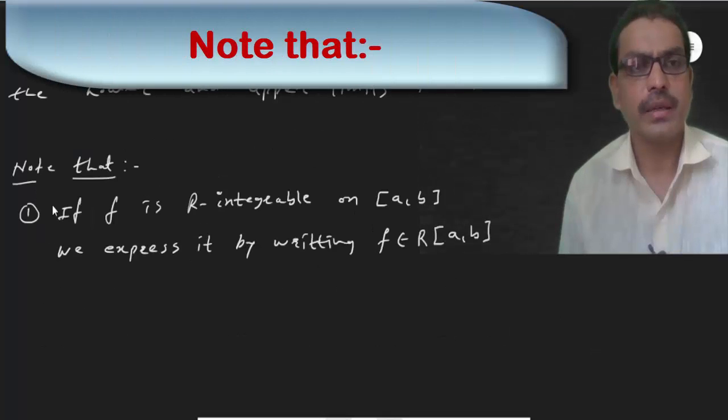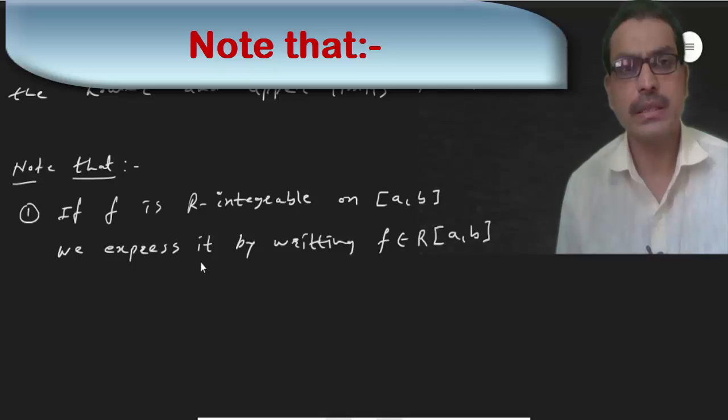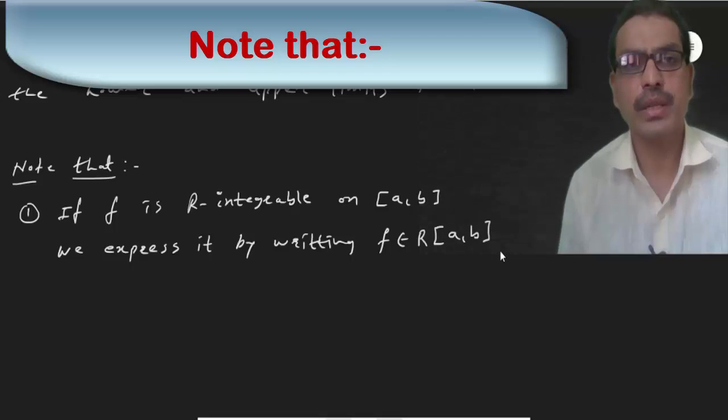Note that if the function f is Riemann integrable on the closed interval [a, b], we express it by writing f belongs to R[a, b], read as f is Riemann integrable on the closed interval [a, b].